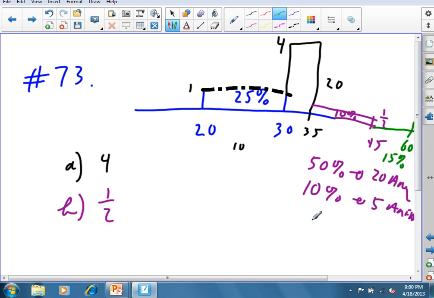All right, so if I want 15%, then my area has to be 7.5. And I have, what do I have there? I have 15. So 7.5 divided by 15 looks like 1/4. That looks like 1/2. Yeah, it looks like 1/2. All right. C, 1/2.